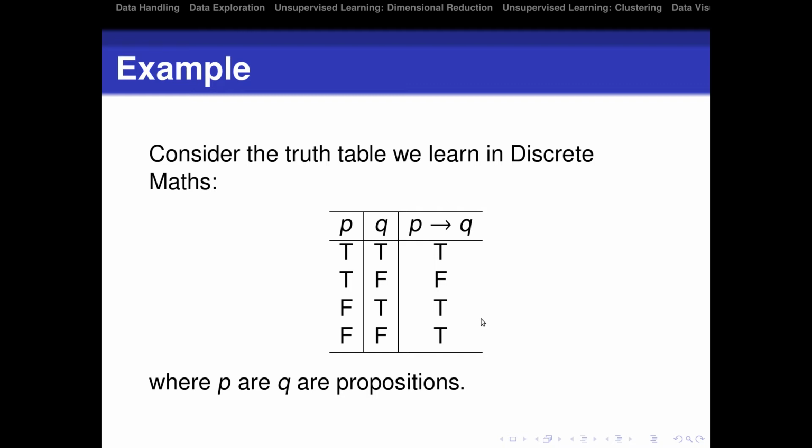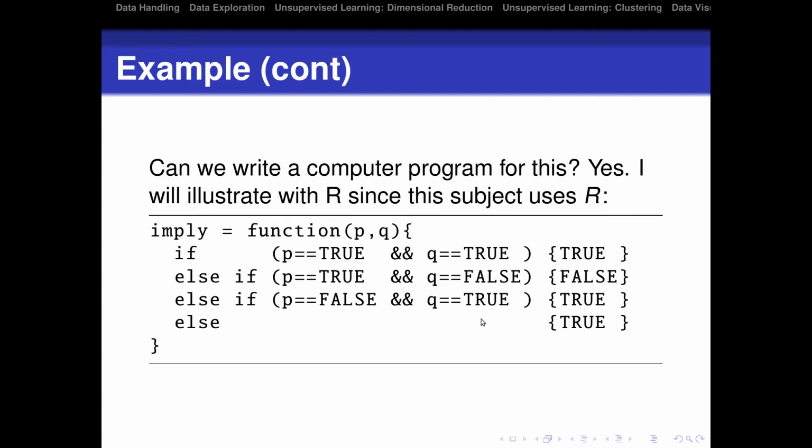So how do we encode this truth table in a computer programming language? I'll illustrate with R, because we've been using R throughout our practical class. Let us take a look at how R defines a function.